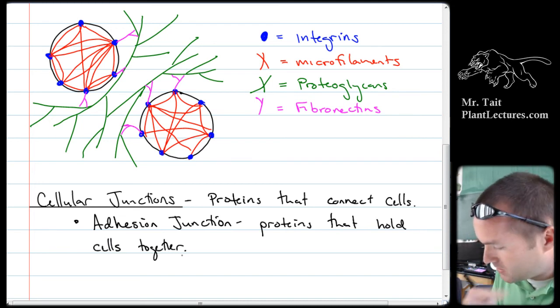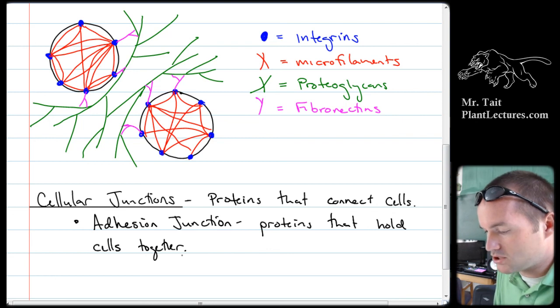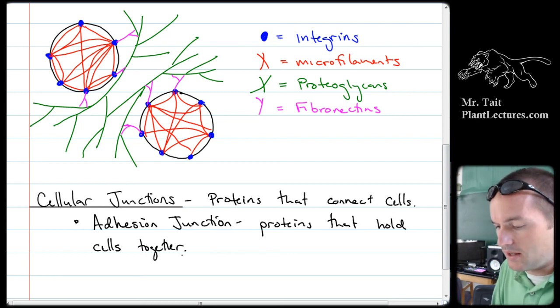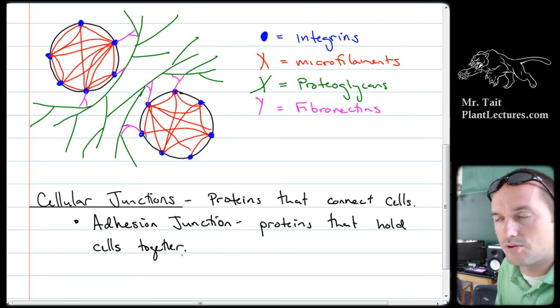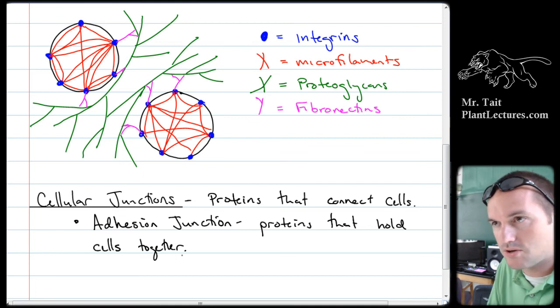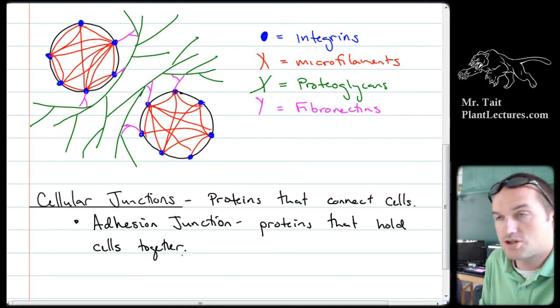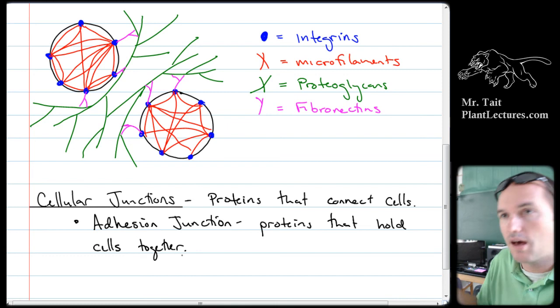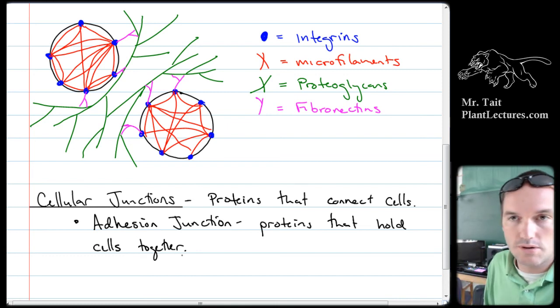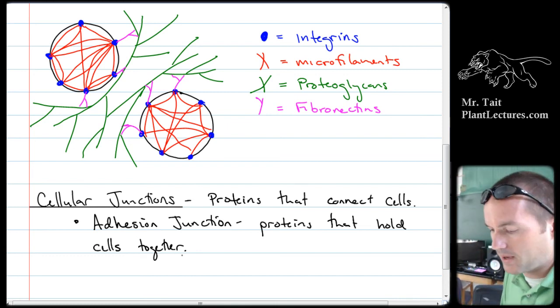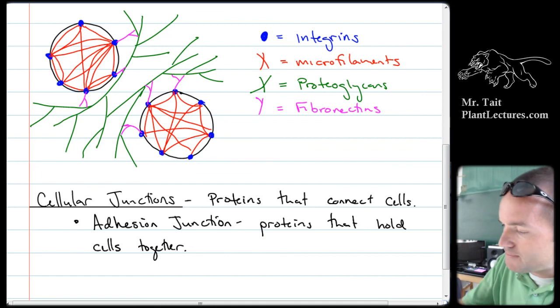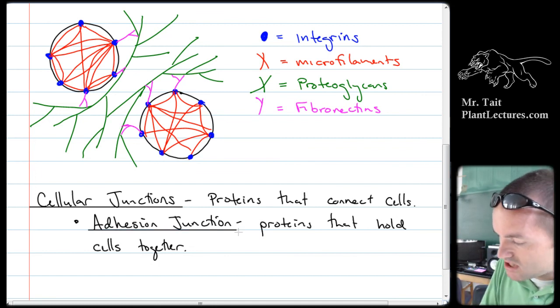Now you might look at the difference between cellular junction there and adhesion junction and say, well, what's the difference? Well, in a cellular junction, you're not necessarily going to hold them together. There's not necessarily any holding strength involved in that. They're just connecting the cells so that maybe they could exchange nutrients or exchange water or something like that. Okay? So let's talk about the different types of adhesion junctions.